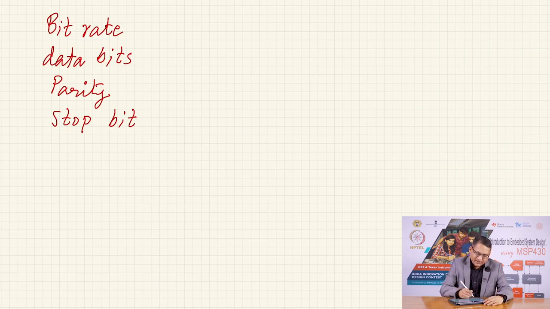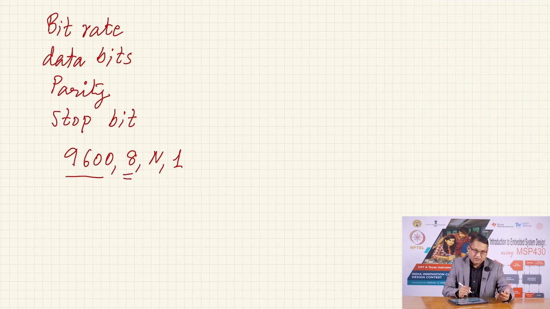And so, if I say my format is 9600, 8, N, 1, that means my bit rate is 9600 bits per second. I want to transmit 8 data bits per transmission. I do not want to have any parity. Now, we will see what the various options are. Standard bit rates are available.